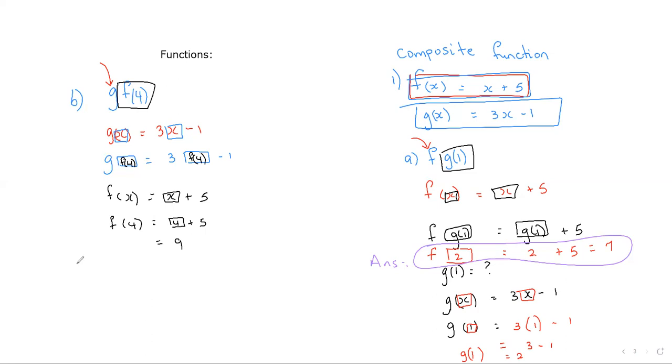So remember up here we had g of f of 4 was equal to, wherever I had x, I substituted or replaced it with f of 4. So everywhere I see f of 4, it has a value of 9, so I will replace that with 9.